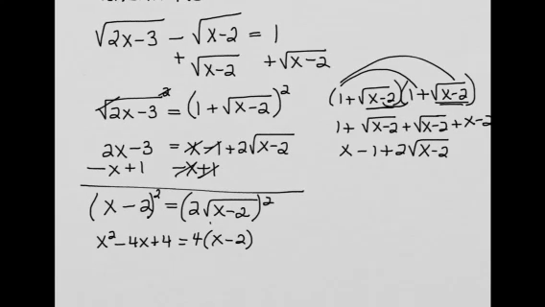Okay, so next thing I'm going to do, I'm going to have to turn the page to make more room. All right. So we have x squared minus 4x plus 4 equals 4 times the quantity x minus 2. So I can go ahead and distribute the 4 on the right-hand side.